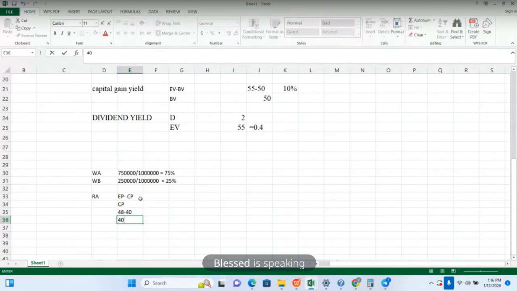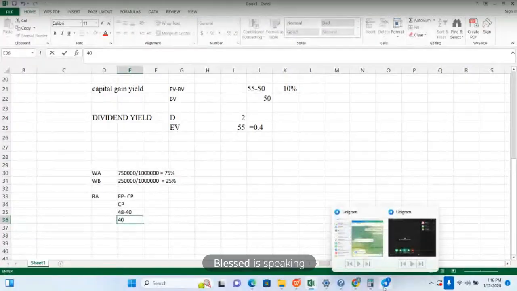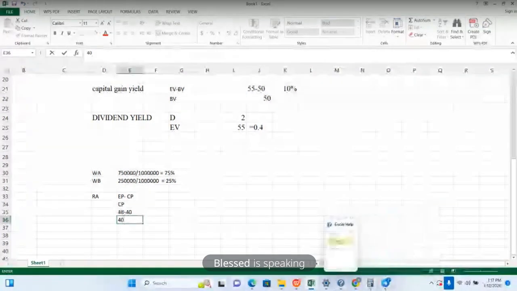So just do this one. Then do the RB like that as well. Do the RB yourself. The RB will be 63 minus 50 plus 2, divided by 50. After you've gotten the answer, you just put them inside the formula.